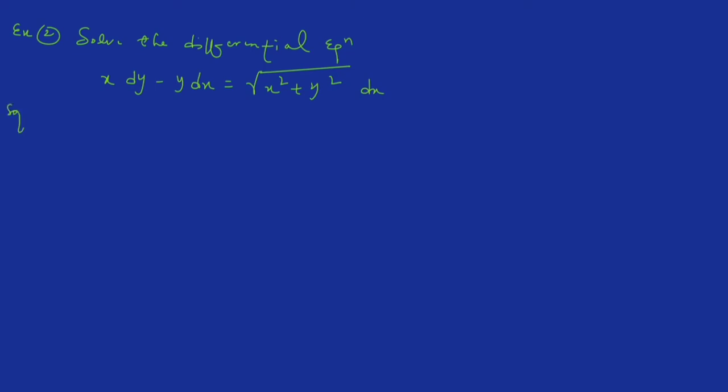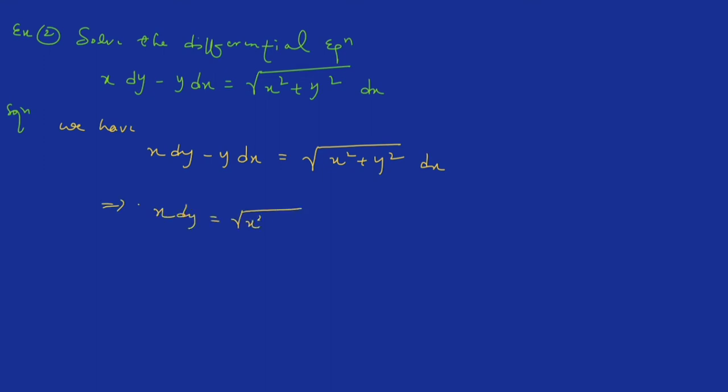So solution: we have x dy minus y dx equals under root of x square plus y square dx, right? So to convert it into the standard form, which implies x dy equals under root of x square plus y square dx plus y dx.